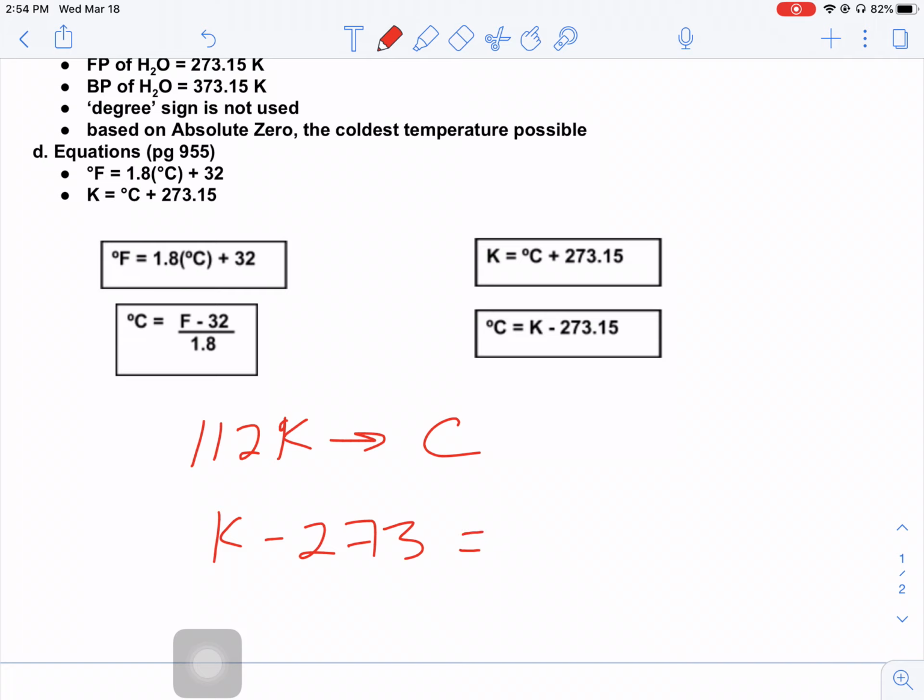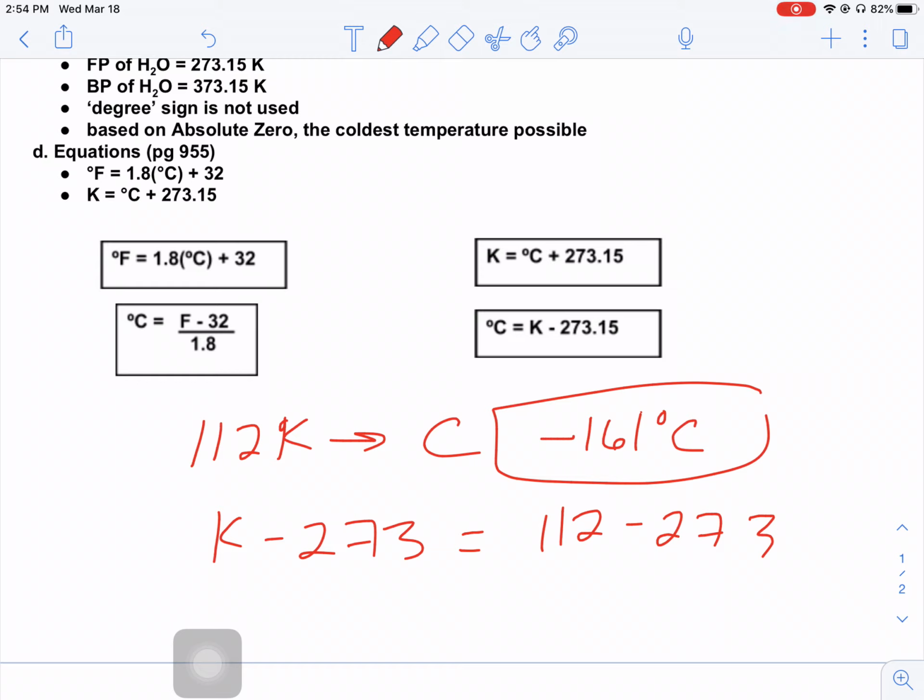So our answer is going to be 112 minus 273. You might notice that this will give you a negative number. So 112 minus 273 equals negative 161 degrees Celsius.